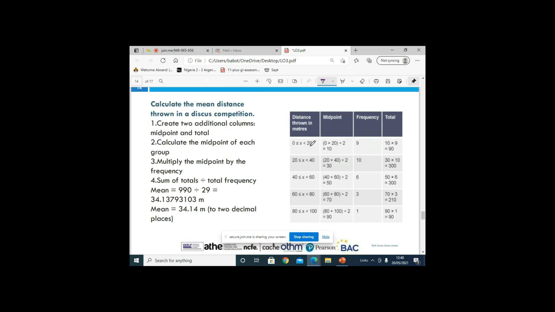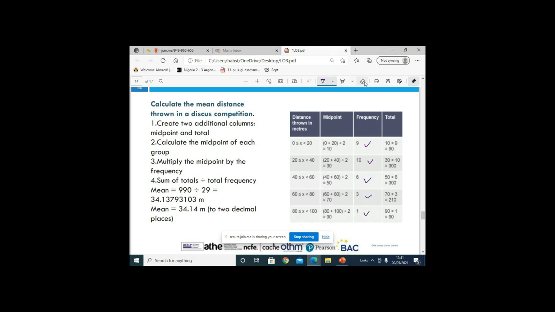From 0 to 20 is the distance thrown in meters, maybe with a cricket ball. Between 0 and 20, 9 people did that. Between 20 and 40, 10 people. Between 40 and 60, 6 people. Between 60 and 80, 3 people. And between 80 and 100, 1 person.